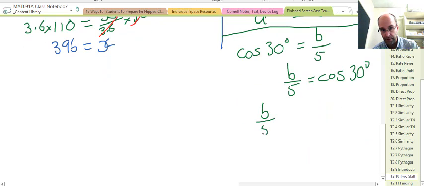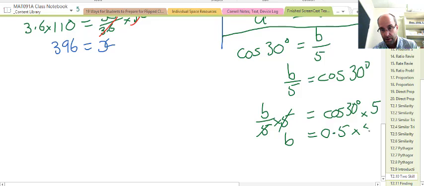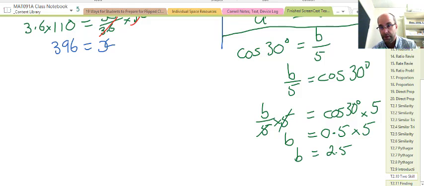We need to multiply by 5 on both sides. So we have cos of 30 degrees times 5. They cancel, so we just have b. Cos of 30 is 0.5 times 5 is 2.5, so b equals 2.5.